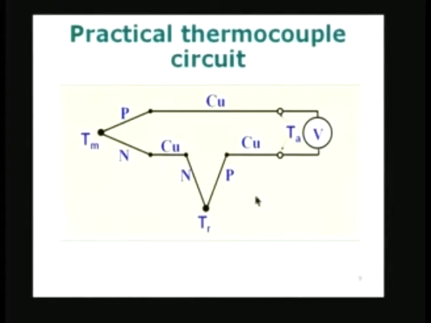Sometimes what we do, in order to make sure that these extra junctions which are formed are at the same temperature, is connect them to a large block of material which is highly conducting in terms of thermal conductivity.